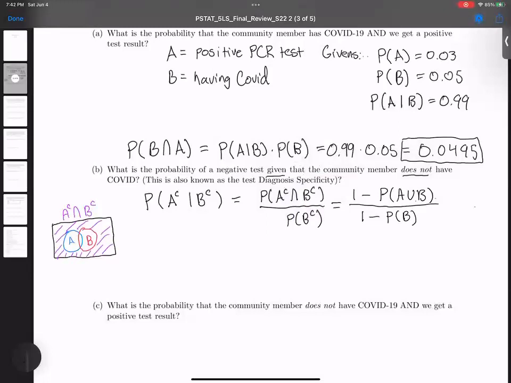And now we can break up this "or" part with a formula.